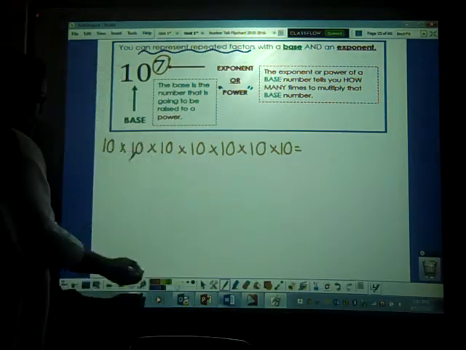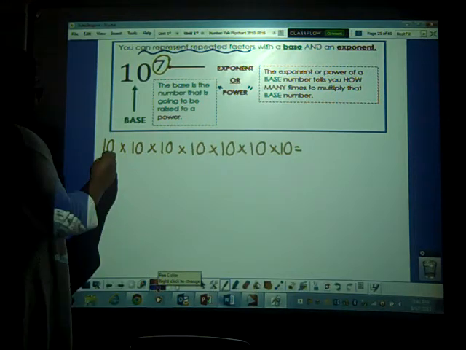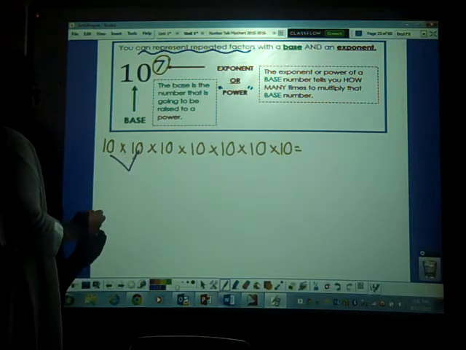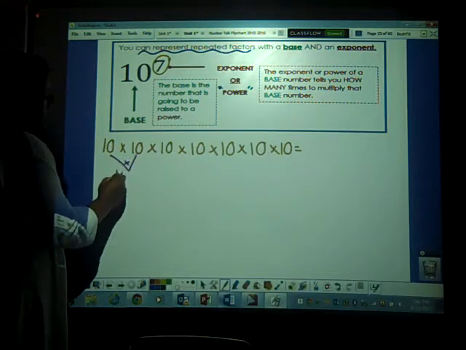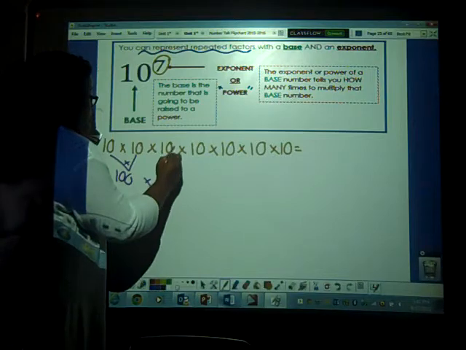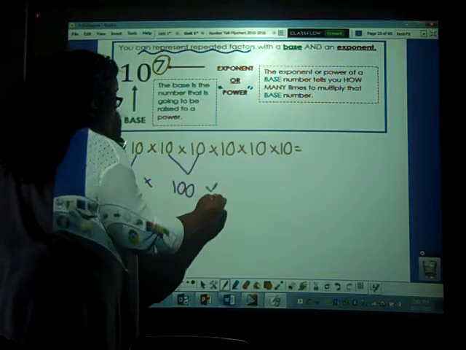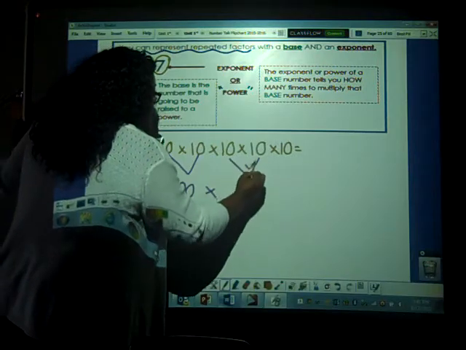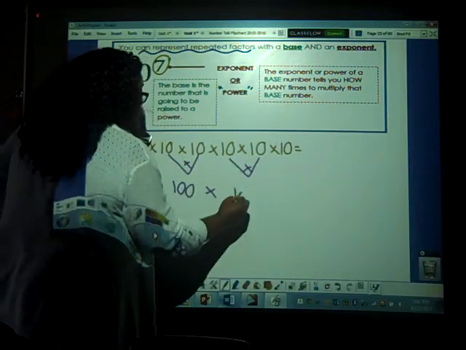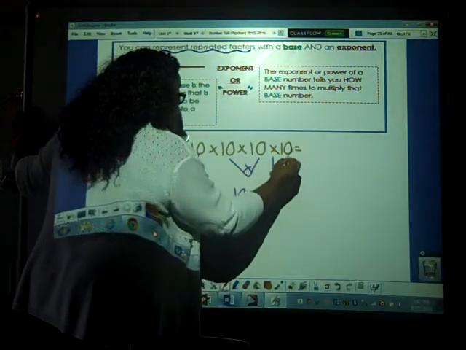All right. Now, let's multiply. You know what 10 times 10 is, right? 100, of course. Okay, so let's do 10 times 10, 100, all right. Now let's do this 10 times 10, 100, and then let's just bring down.